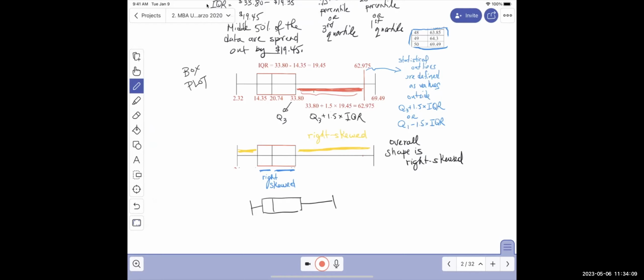Okay, now using the same logic, let's do it. So comparing this to this is right skewed inside. But then comparing the whiskers. Oh, I did it the wrong way. Do that again. I didn't want to do that. I'm trying to make my point and I forgot my point.